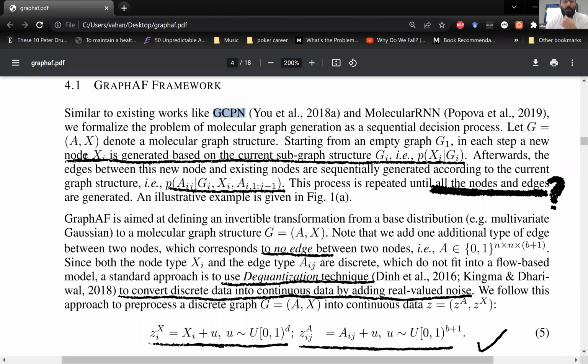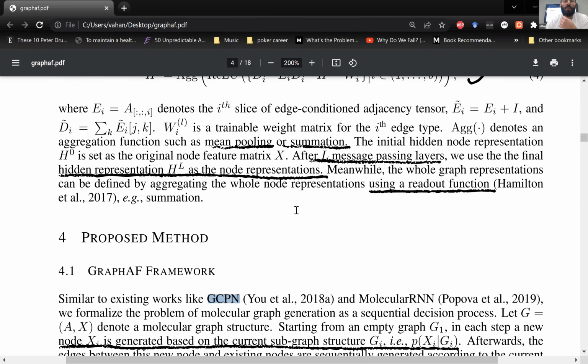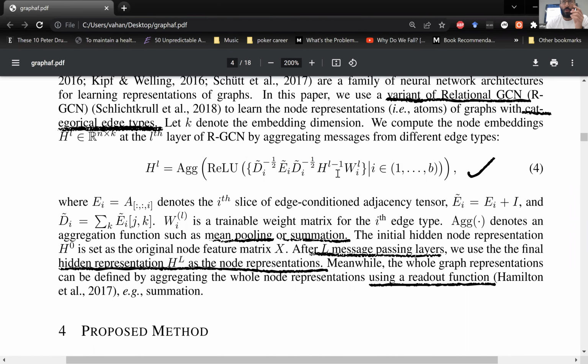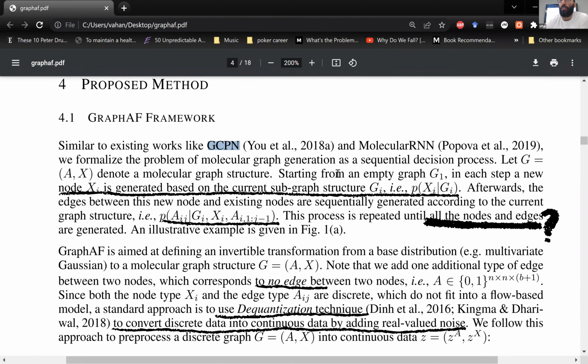Again, we have a graph. I didn't say that here. The initial embeddings are the current node embeddings, because your nodes come with some sort of features. So you would have maybe a type of a node, which would represent the atom.